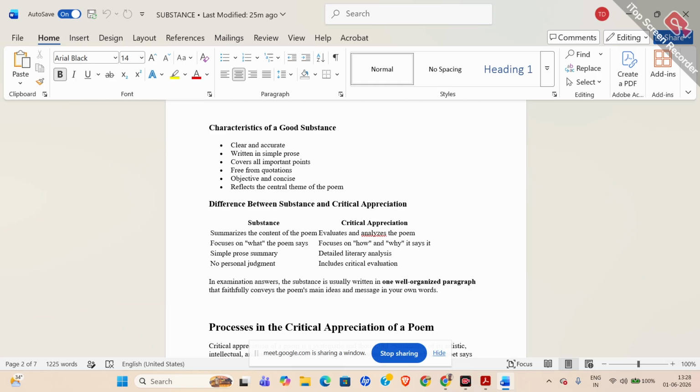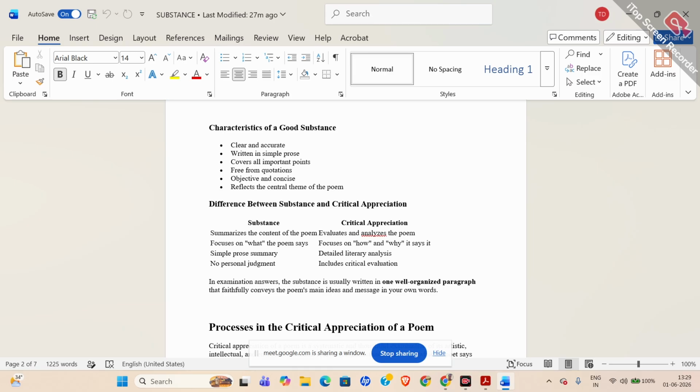Covers all important points. So important point গুলো ওই যে বললাম, marking the poem with dots, with your pen. So there are about, maybe there are 14, 15, 16 lines in a poem, but all the lines are not equally important. সব লাইন তো সমান গুরুত্বপূর্ণ হতে পারে না। একটা লাইনে বেশি কিছু ইমেজারি রয়েছে বা মানে তার মধ্যে অনেক কিছু অন্তর্নিহিত, there are inherent meanings in that line. So you have to pick that line. When you are reading the poem, you have to pick that line.